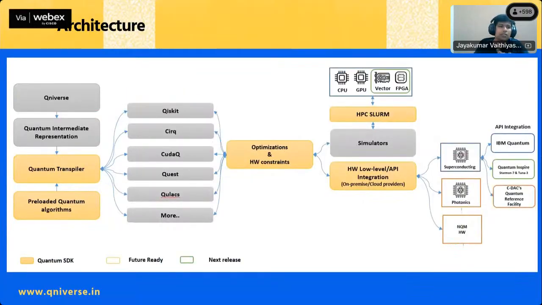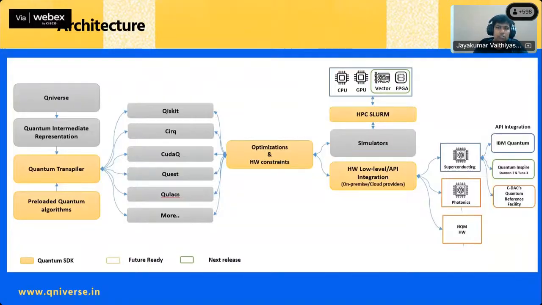So this is the architecture. What we discussed, two tools, Qiskit and PennyLane, and all these quantum transpilers are integrated with CDAC. So you can construct any quantum circuit through any tool, optimize it, simulate it, and execute it.